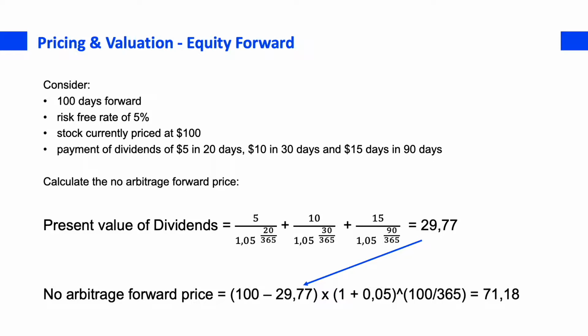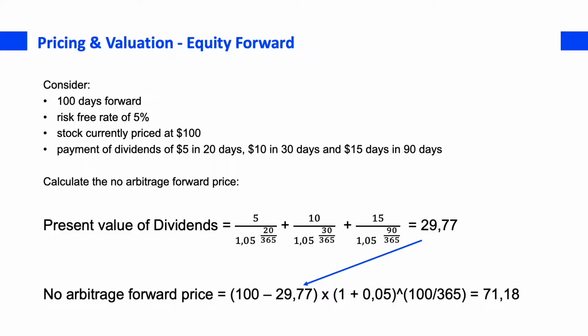The contract matures in 100 days, and work out which of those dividends we are going to miss out on. In this case, all of them. Annual risk-free is 5%, so we can just apply that 5%. So how do we put this into practice? First step, let's calculate the present value of the dividends that we will miss out on.